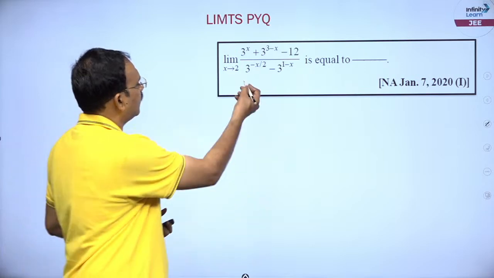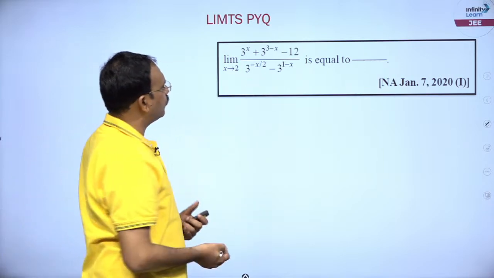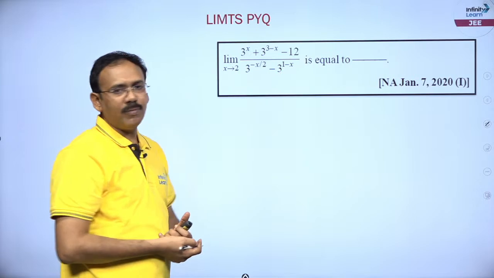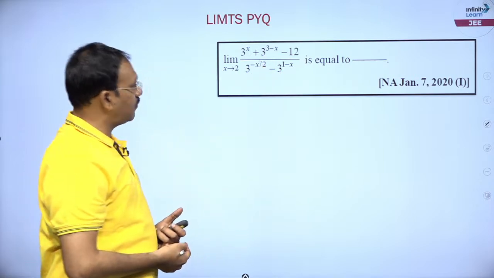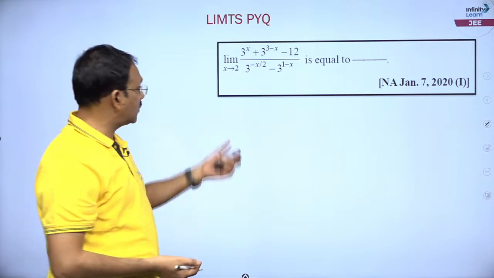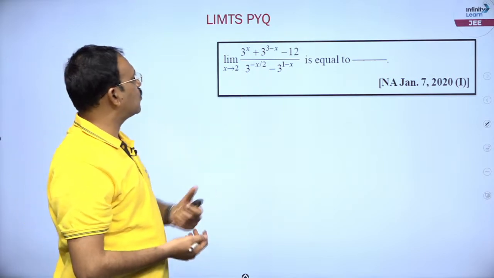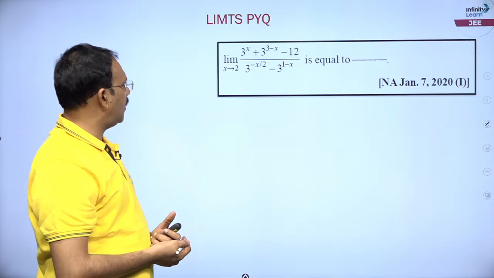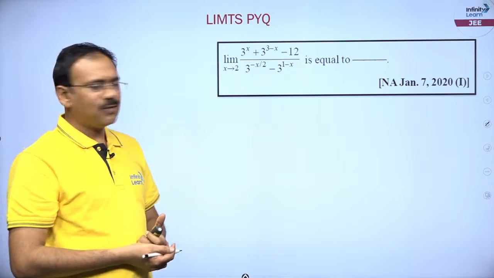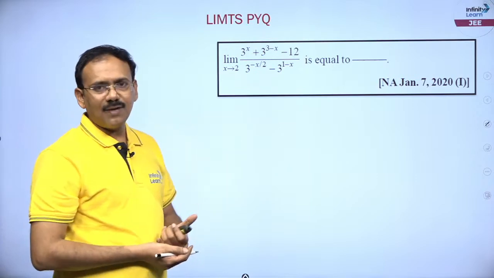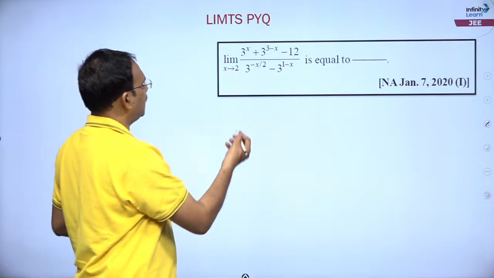Here you take the limit as x extends to 2. If you put it, you will get undoubtedly 0 by 0, because the numerator is 12 minus 12, 0. The denominator must also be 0, this is going to be 1 by 3 minus 1 by 3, 0. You just apply L'Hospital's rule. You can also do it in another way, or else you can just try in this way.